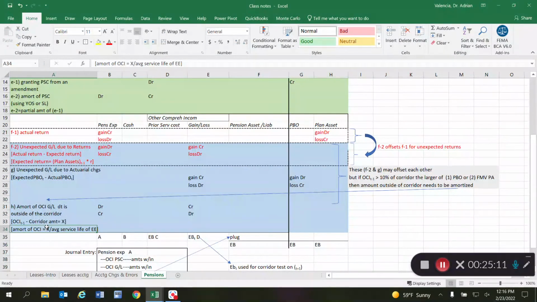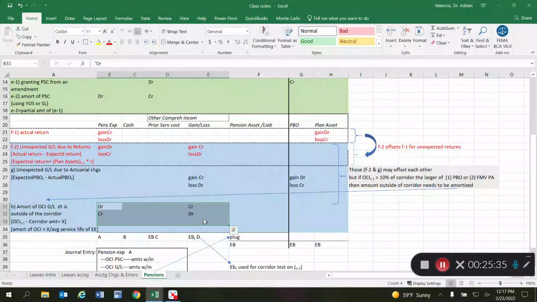That difference is going to be amortized over the average service life of the employees, so that we slowly get that excess $10 into pension expense. The reason we do that slowly is because next month, things can flip around, and it was wise to not overdo the adjustment. Think of this process as a way to slowly get that into pension expense without overdoing it.